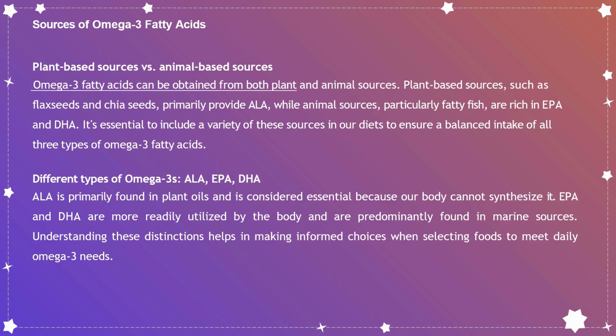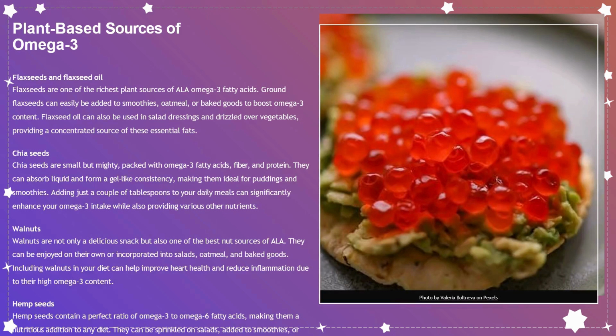Now, let's discuss where we can find omega-3 fatty acids. There are two primary types of sources, plant-based and animal-based. Plant sources primarily contain alpha-linolenic acid, that is ALA, which our body converts into the more beneficial forms, that is EPA and DHA, found mainly in animal sources.